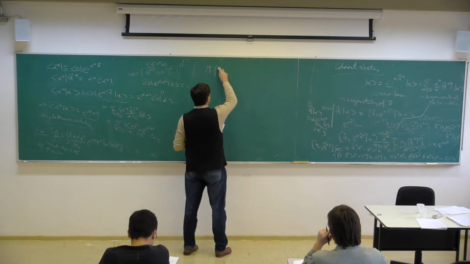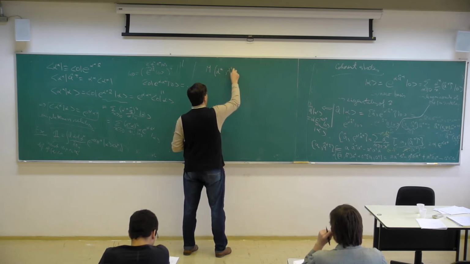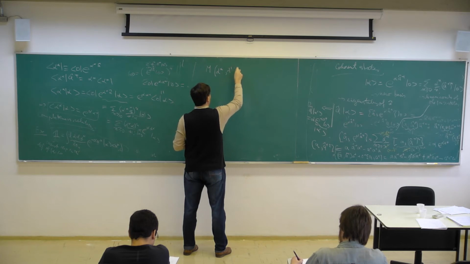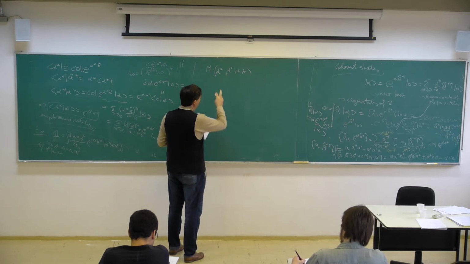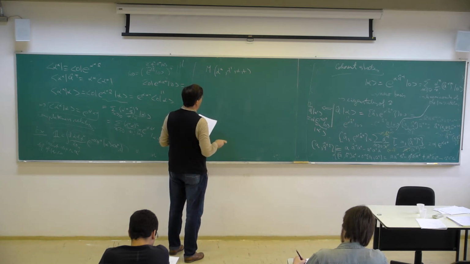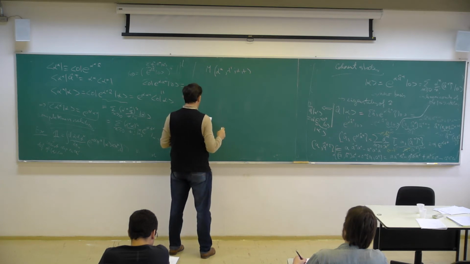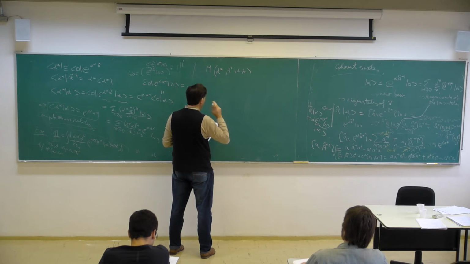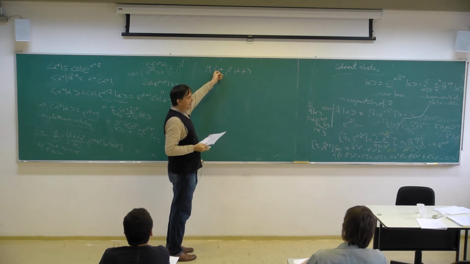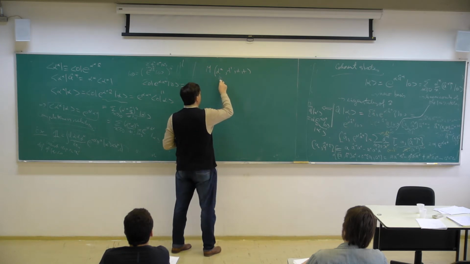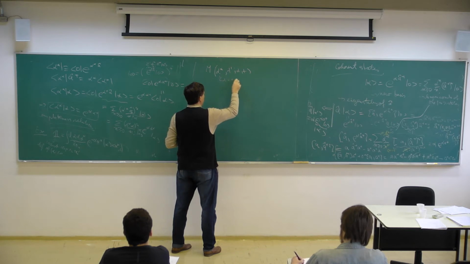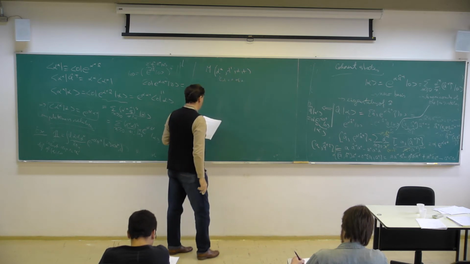Right? So I'll call this alpha star t prime with alpha t. By alpha star I don't mean necessarily the complex conjugate of alpha. I hope the notation is not confusing.